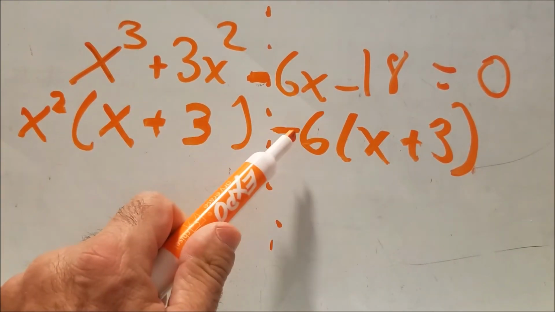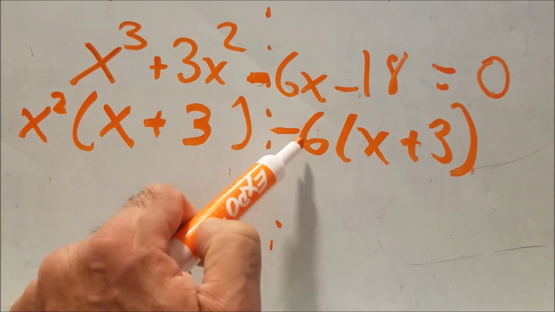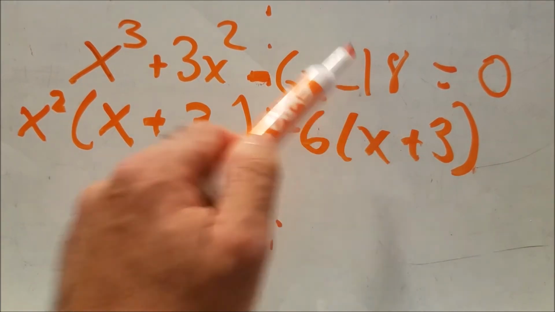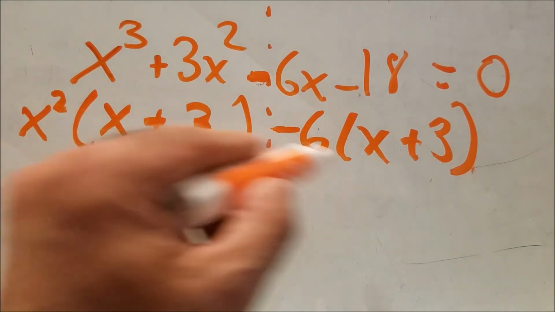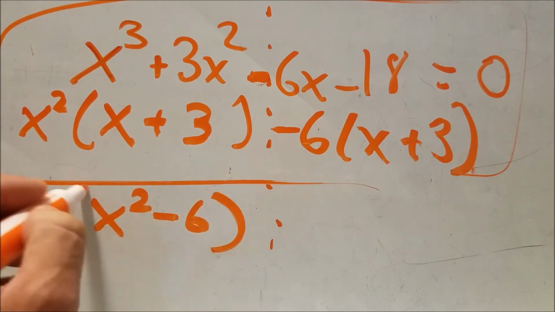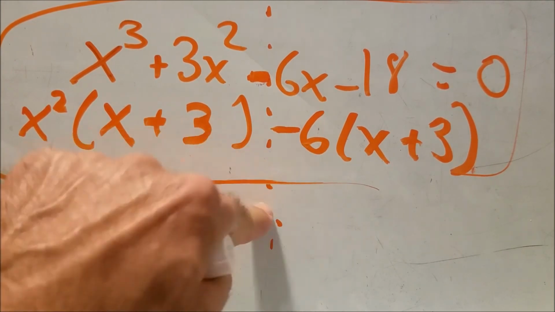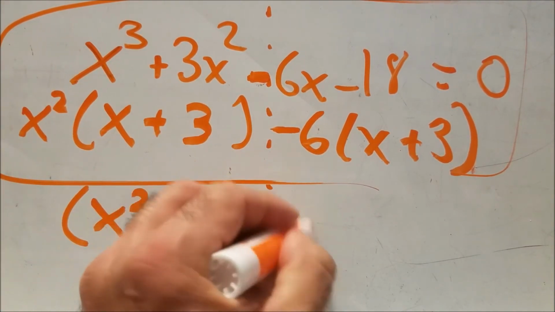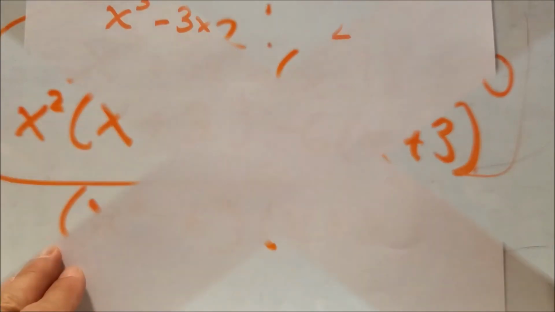Because negative 6 times x is negative 6x, and negative 6 times positive 3 is negative 18. So here it is. We factored our cubic. So it would look like x squared minus 6 be one of the binomials, and the other binomial will be x plus 3. There we go.